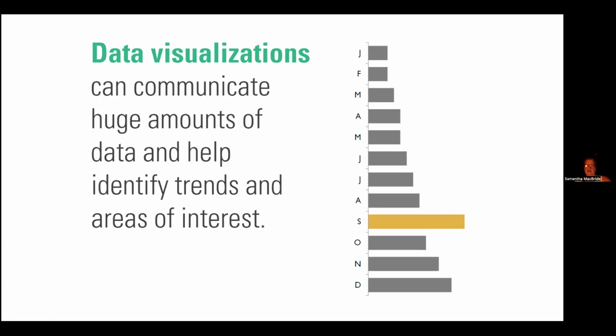And in September, we see something is different. Something is sticking out, right? Literally, it's sticking out of this graph, and it's sticking out color-wise, which we'll get into. And immediately, this is telling you something in September is going on.